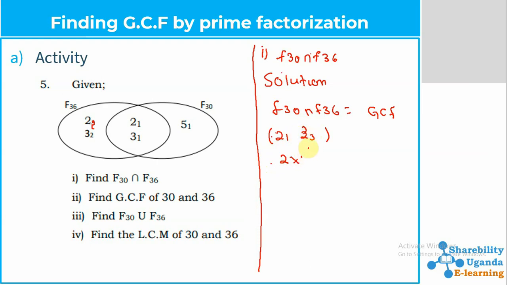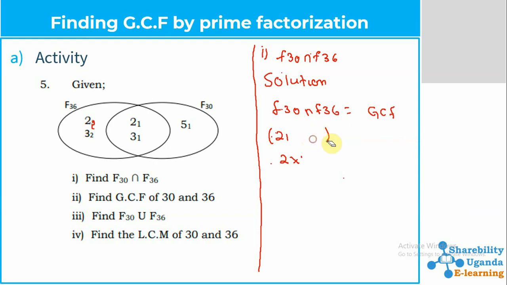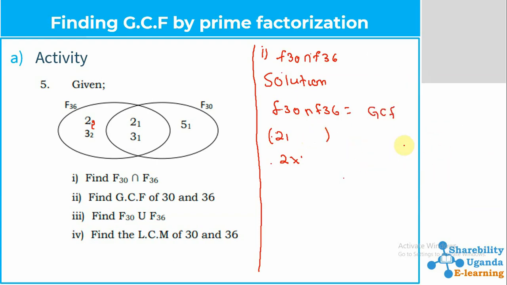It was 3^1 according to our set here. So we multiply 2 by 3, and we get our answer as 6.